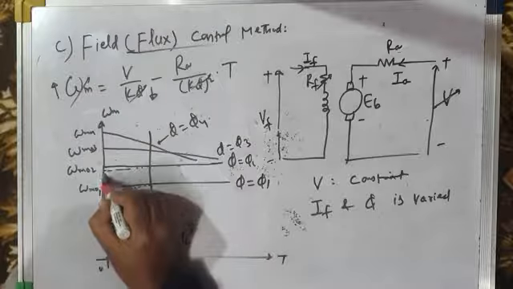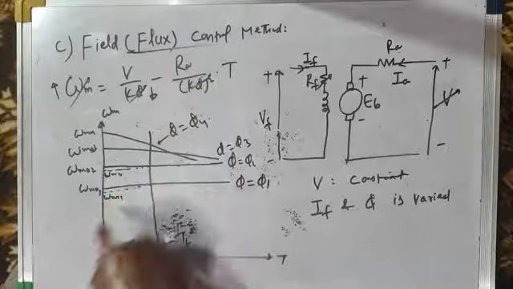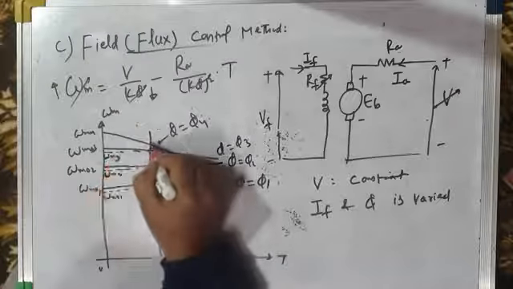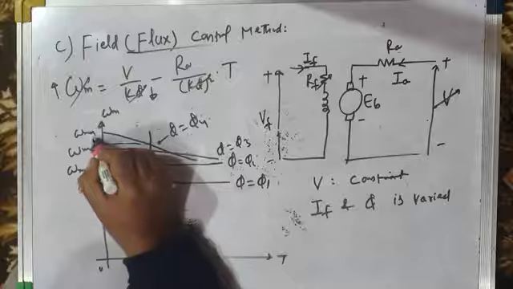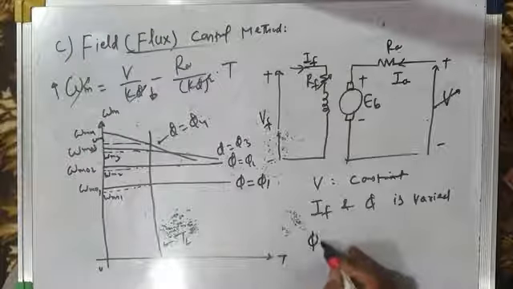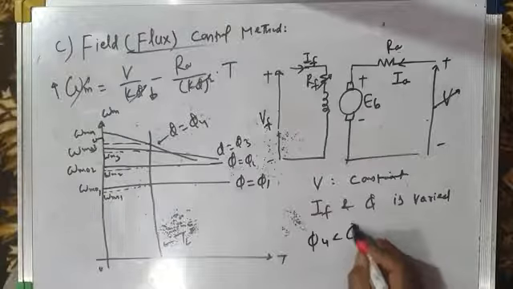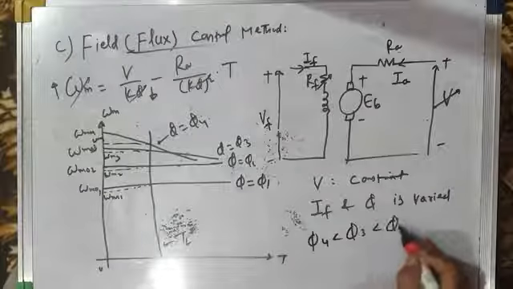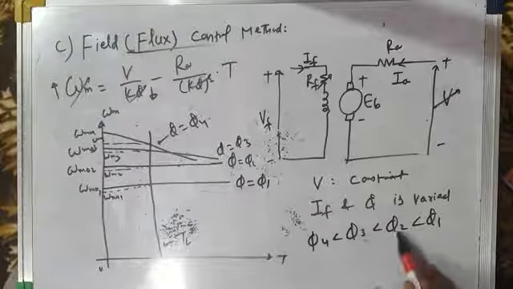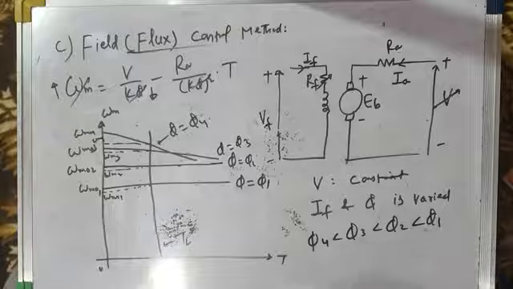And then this will be omega m2, which is greater than omega m1, omega m3 even greater, and similarly this is omega m4. So therefore we can say that phi 4 is less than phi 3, less than phi 2, less than phi 1. We are reducing the flux from phi 1 to phi 4. What about speeds?